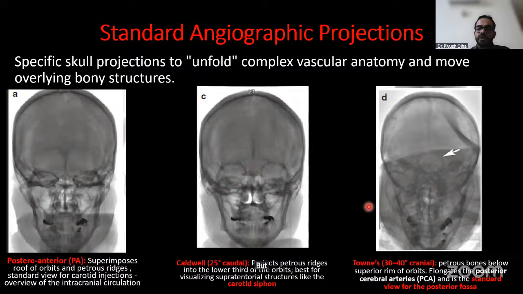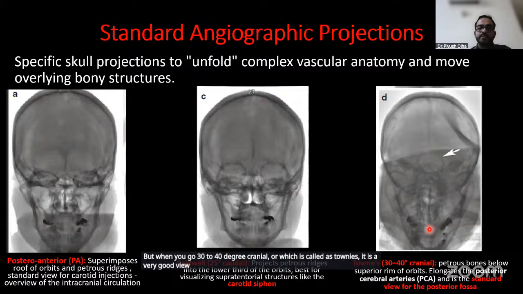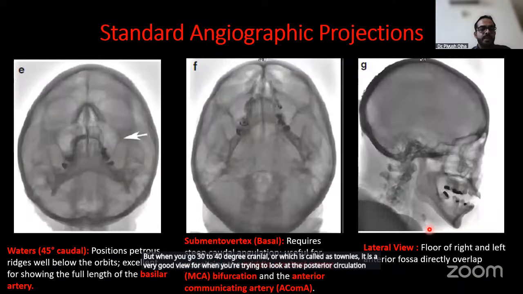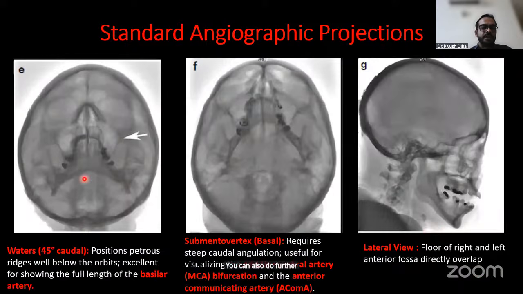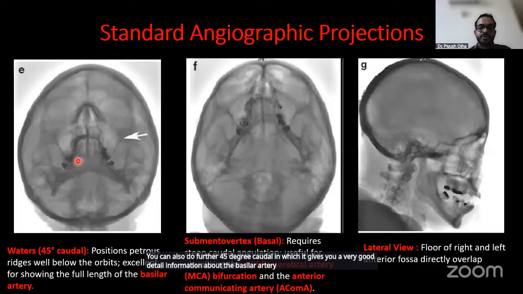But when you go 30 to 40-degree cranial, which is called Towne's view, it is a very good view when you're trying to look at the posterior circulation. You can also do a further 45-degree caudal, which gives very detailed information about the basilar artery and the posterior cerebral arteries.